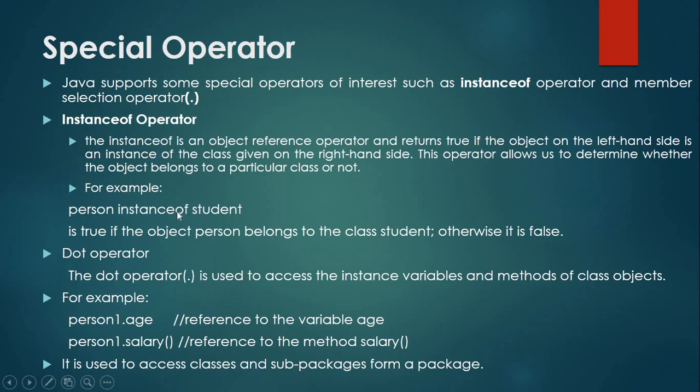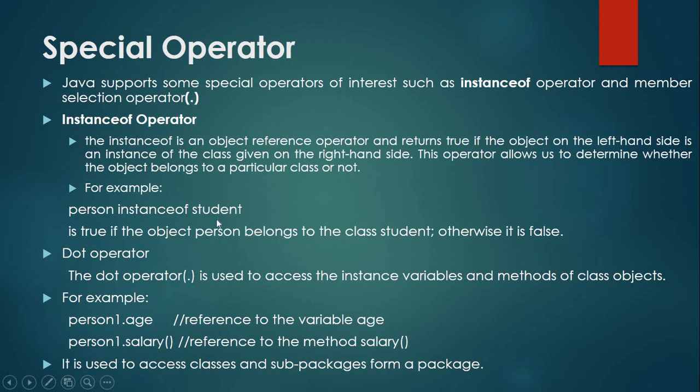Here, person instanceof Student. Here we have two things: a person and a student. Here person is an object and Student is a class. It will be true if the object person belongs to the class Student.